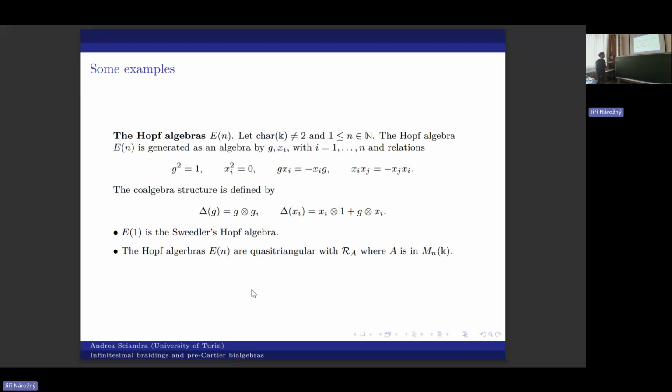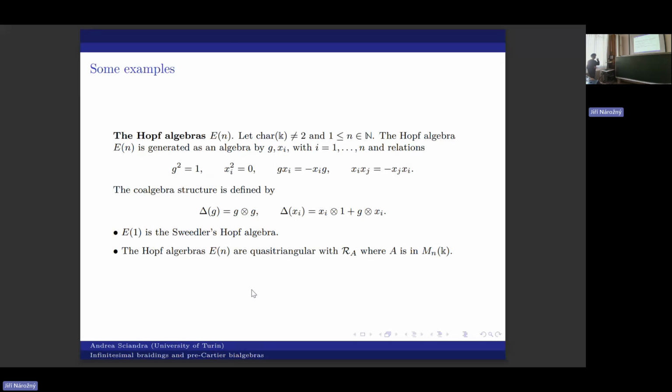Again, g and the x_i anti-commute, but also x_i x_j is minus x_j x_i. And we have substantially the same coalgebra structure as the Sweedler algebra. You can see that if we just consider the smallest case where n is equal to 1, we have just one x, and we exactly recover the Sweedler algebra, so just an element g and an element x.